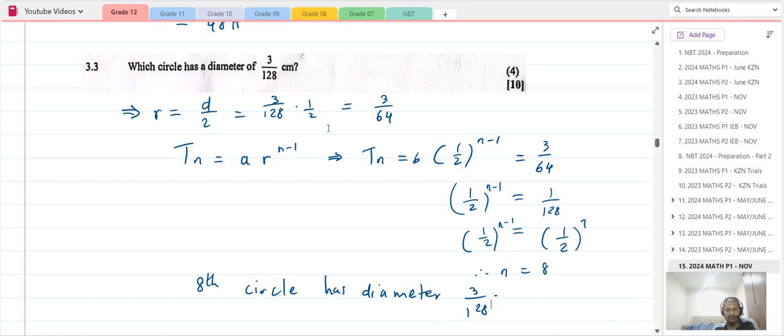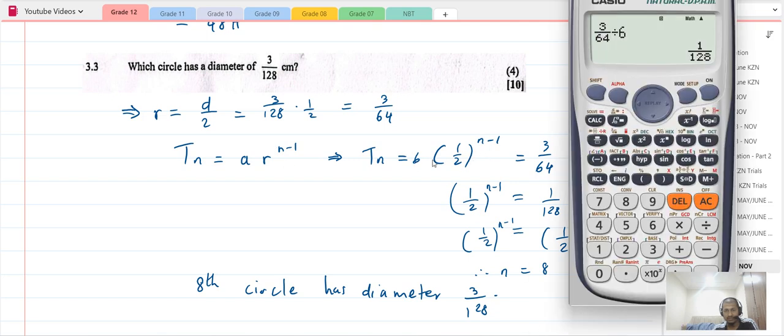Let's see if this answer is correct. We need to double check. Substitute 6 times 1 over 2 to the power 8 minus 1, which is 7.